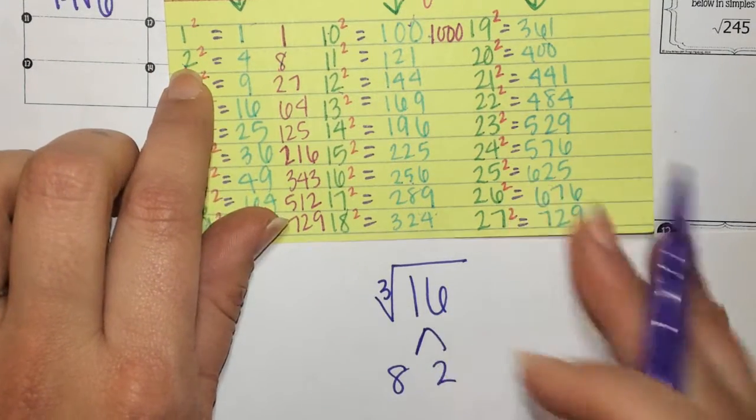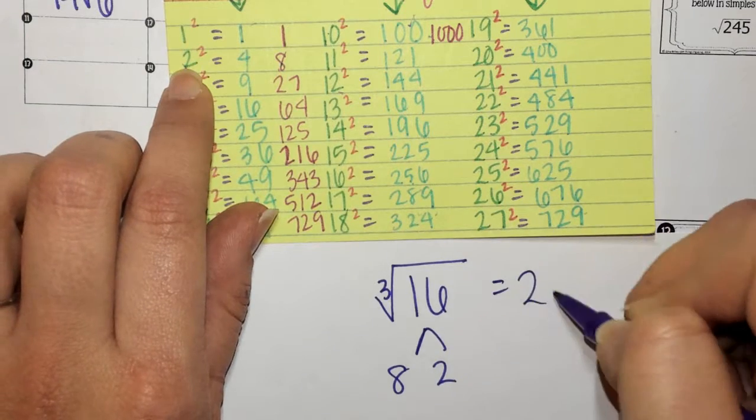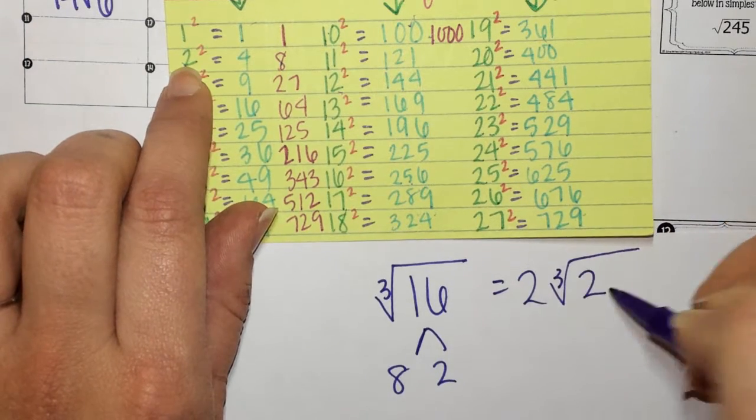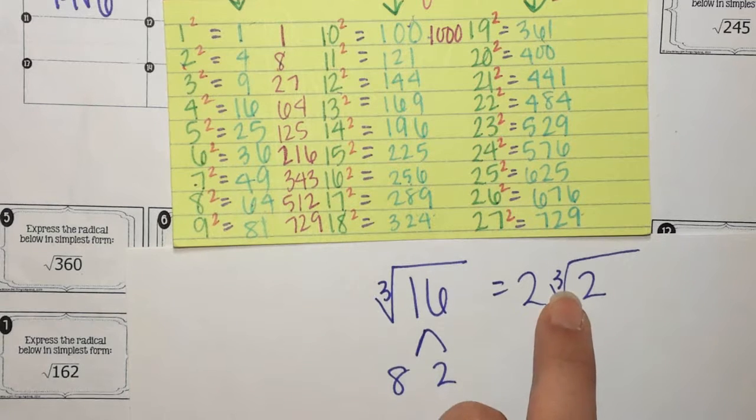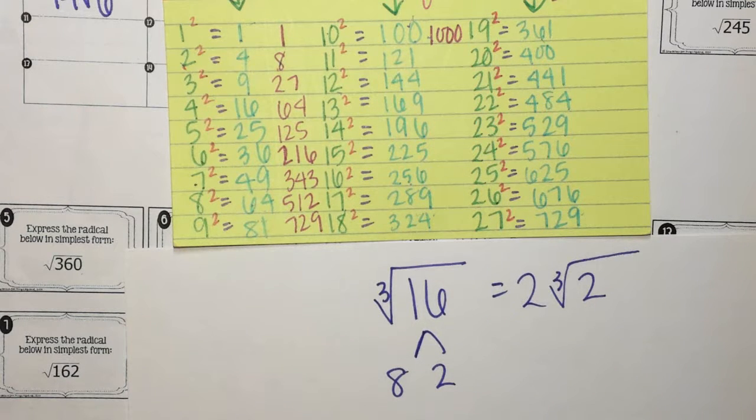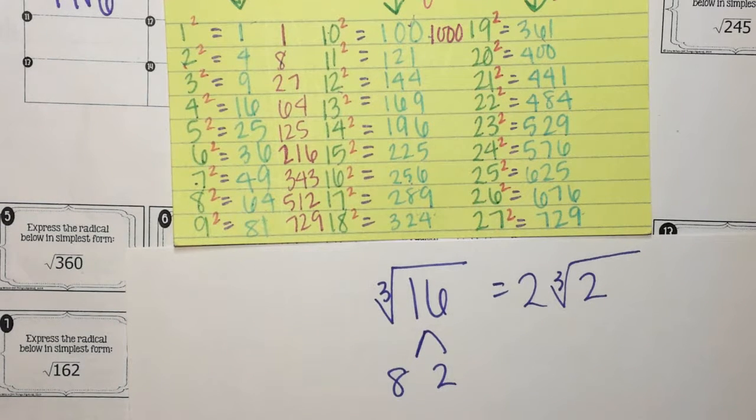It's 2. So that becomes 2 cubed root 2. That's it. You still do the same thing, you just take the cubed root. And we put the 3 in the index. Yeah, the 3 has to be in there.